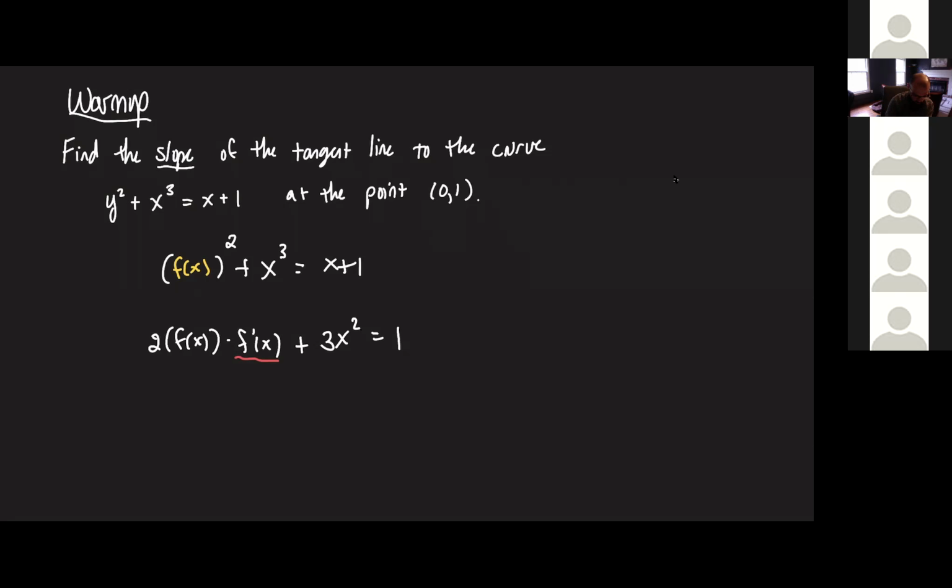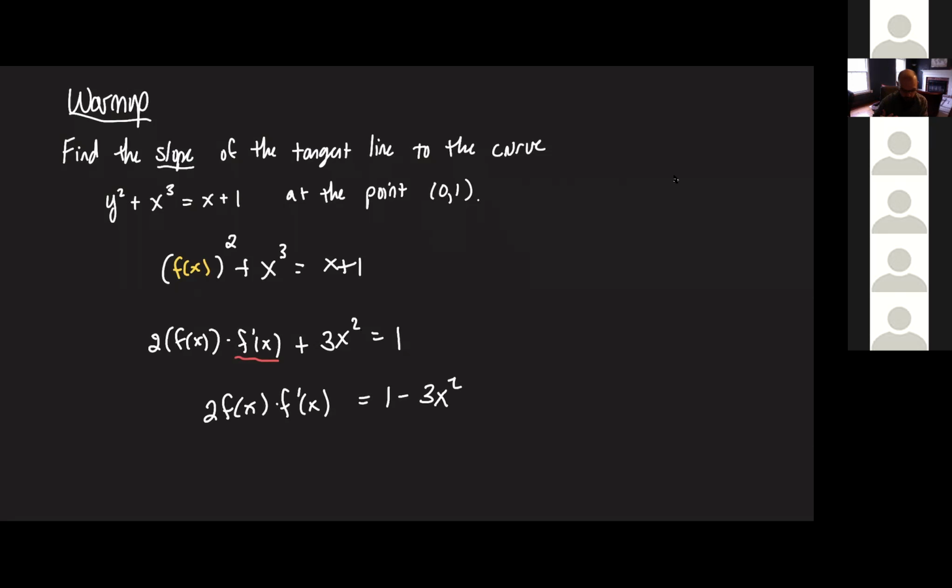Okay, so what we'll do is the first thing, I'm going to just bring my 3x squared over to the other side. So I'm going to isolate all of my f primes on one side, and I'm going to take everything that doesn't have an f prime in it onto the other side. And so I get something that looks like this. And typically the last step is going to be to factor out all your f primes and then divide by whatever's left over.